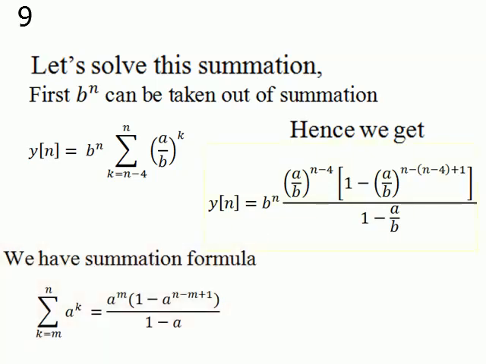So we get y of n as equal to b raised to n into a by b whole raised to n minus 4, the lower limit, into 1 minus a by b raised to upper limit minus lower limit plus 1, whole divided by 1 minus a by b.